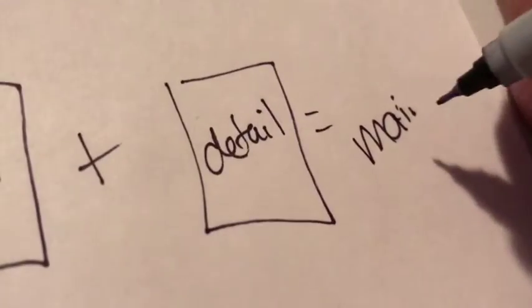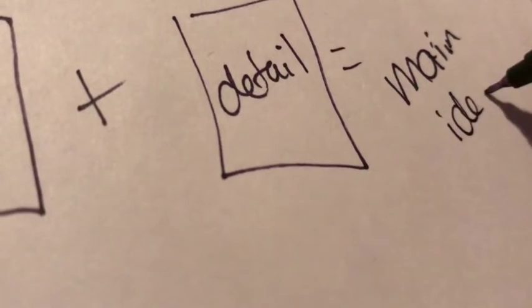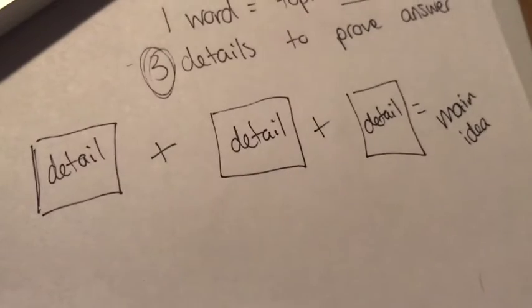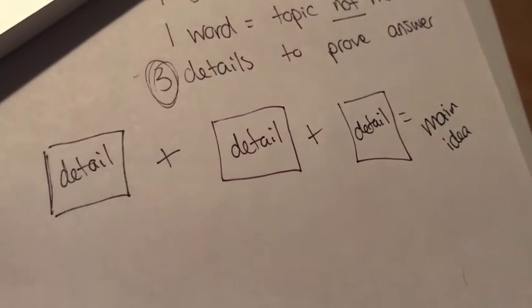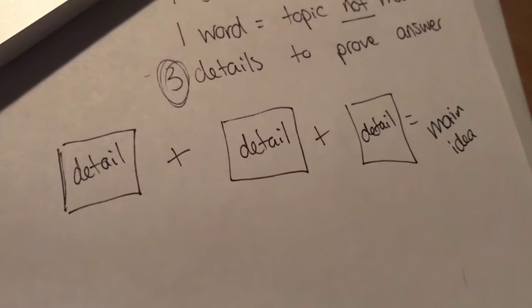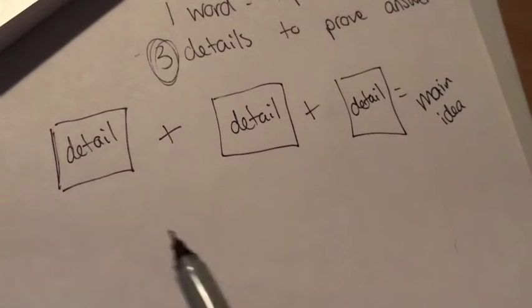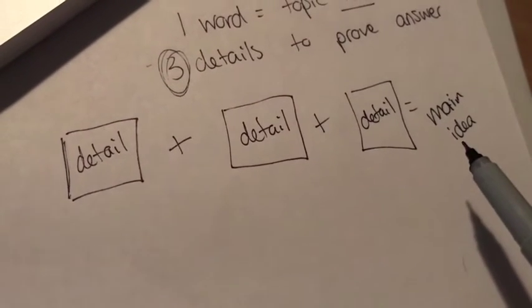Let me get that written down for you. Your main idea. So we pause for a minute so you can get this down. There we go, now it's focused better. Your detail plus a detail plus a detail equals the main idea. So you want to make sure that all these details are kind of summed up into this main idea.